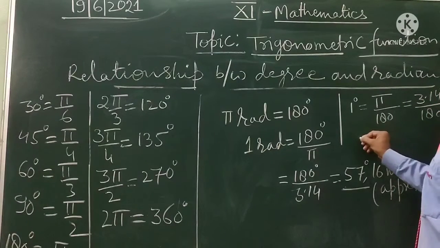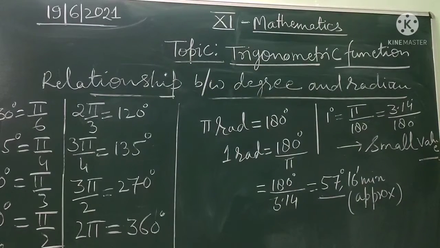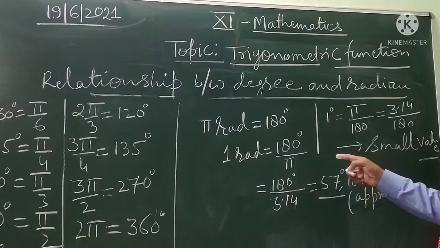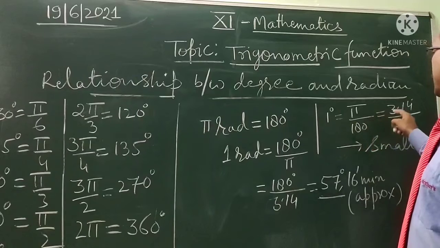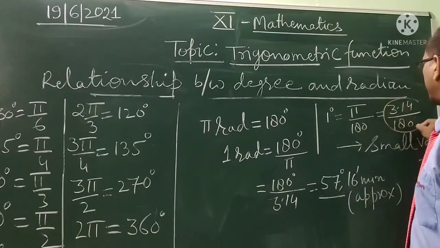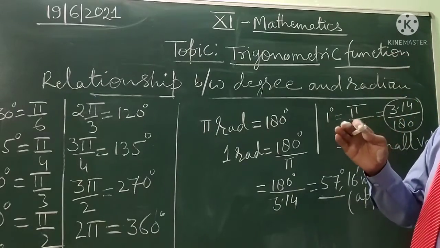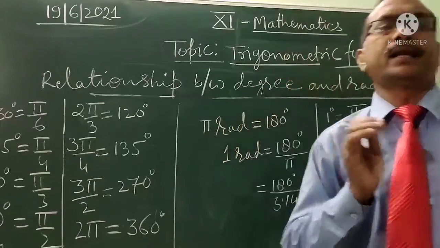So it is a very small value. Student, this way you have seen 1 degree is a very small angle.